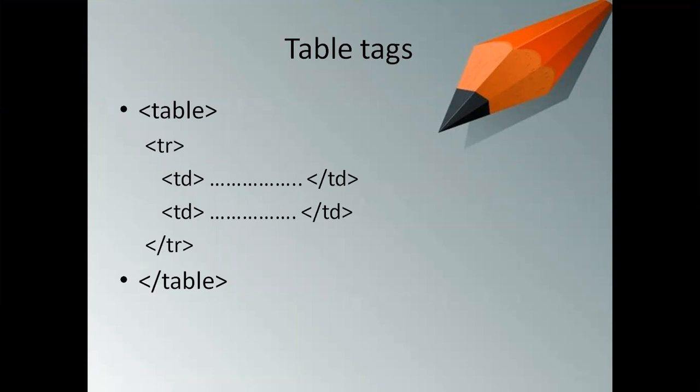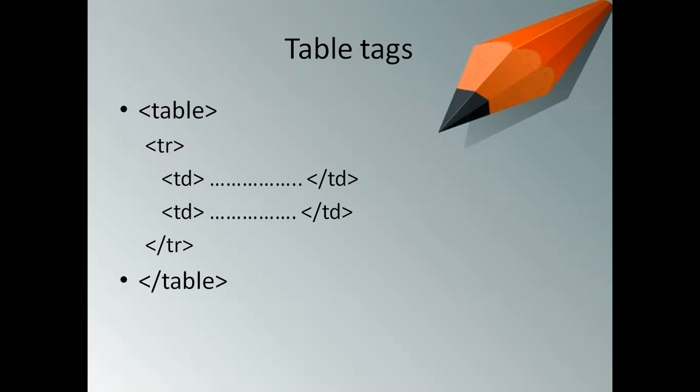Tr stands for table row. Tables are made with rows and columns. In that, if you want to fill the data, then you can use td, table data. So tr stands for table row and td stands for table data.